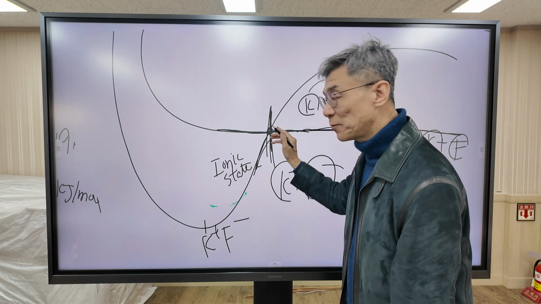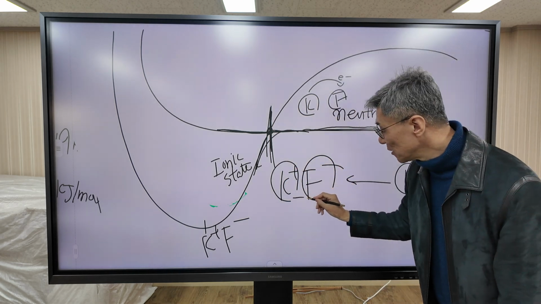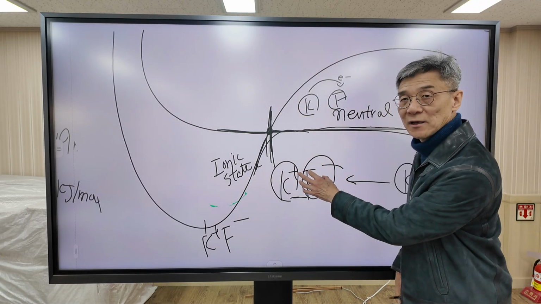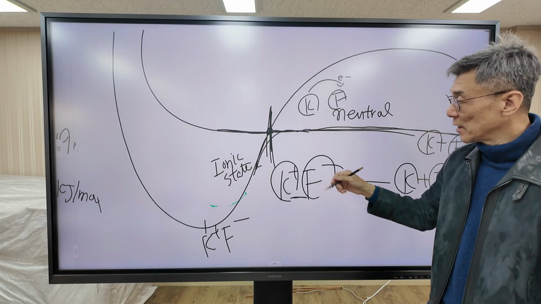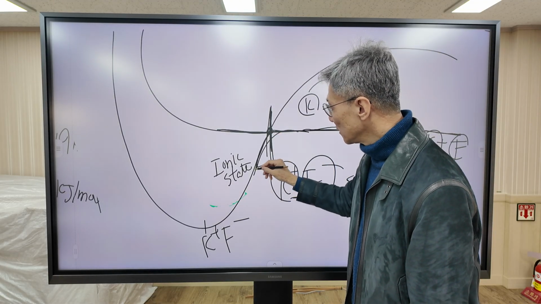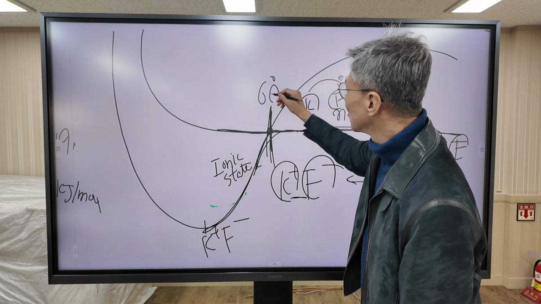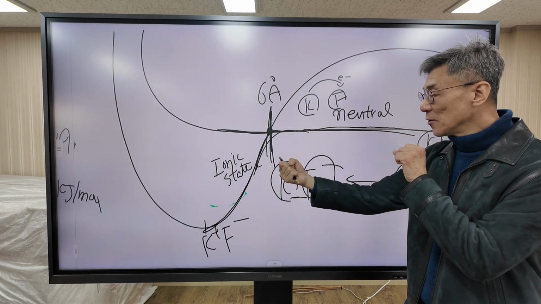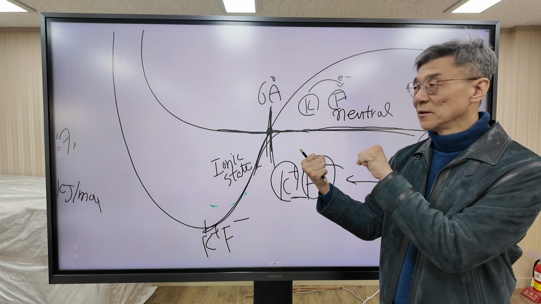But after this point, they become cation and anion. A strong Coulomb force suddenly appears, right? They feel strong Coulomb force. They initiate collision, right? So this is almost 6 angstrom. It means that even when they are 6 angstrom apart, they feel strong force, right?